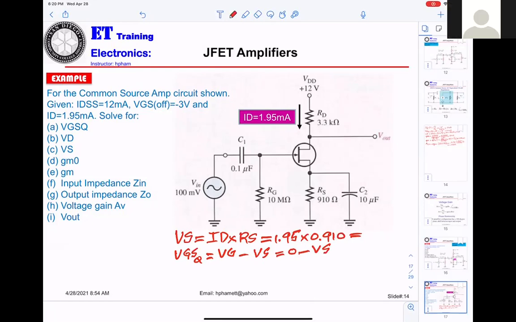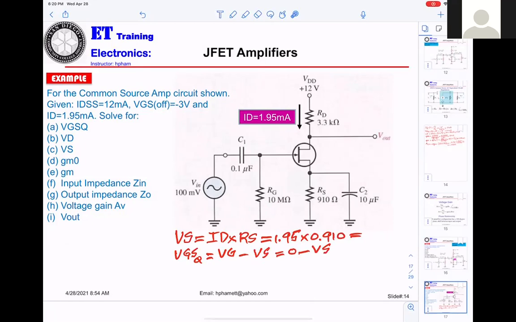Hey, Mr. Pham. So you said this is self-biased, this circuitry. I thought that self-bias only had a single voltage source. No, single is fixed bias. Fixed bias, then you get the voltage here.